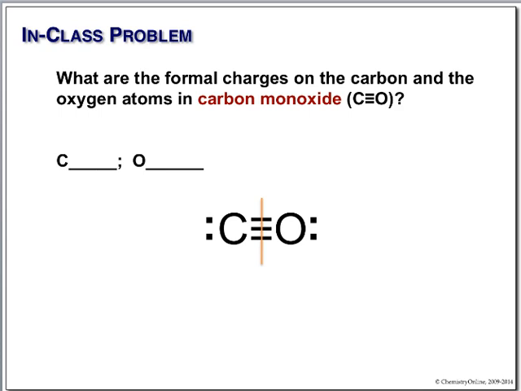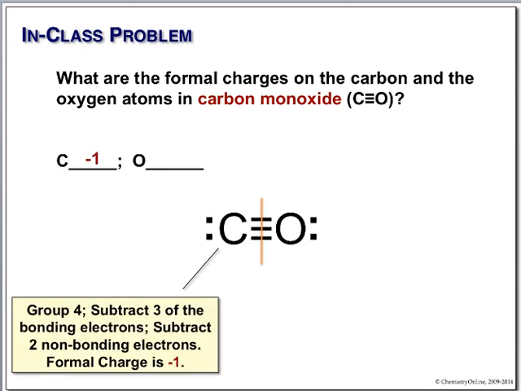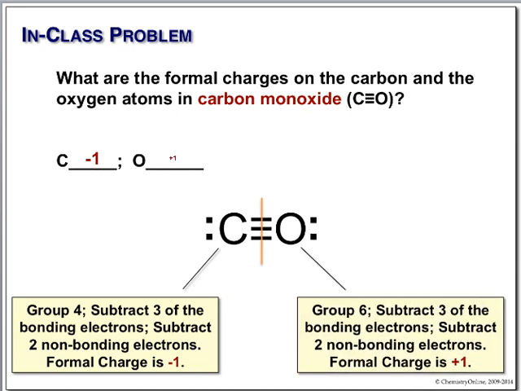We look at our periodic table. Carbon is in group 4A. It has 1 extra electron. Should have 4, now it's 5. This is a -1. The oxygen has 1, 2, 3, 4, 5. Oxygen is in group 6A. It should have 6. It's missing 1. Therefore, the formal charge is +1. Any questions?